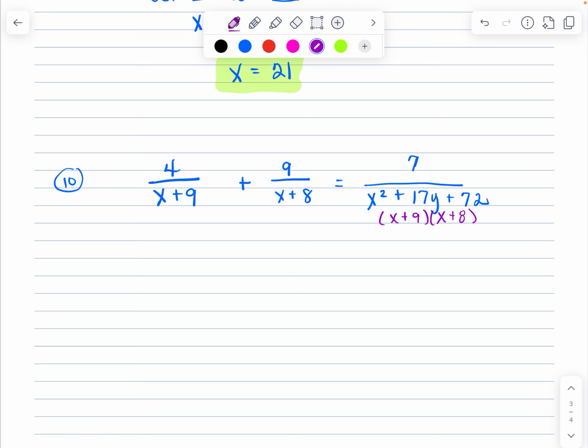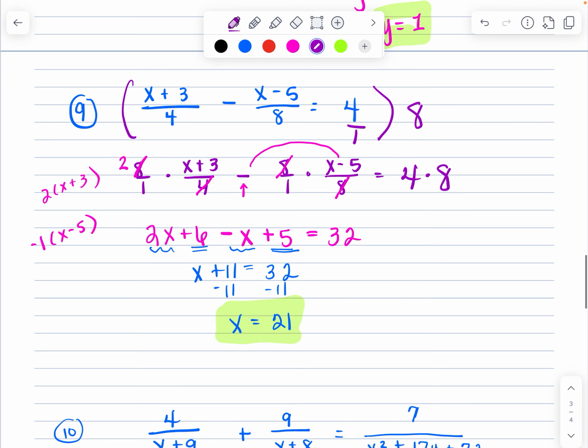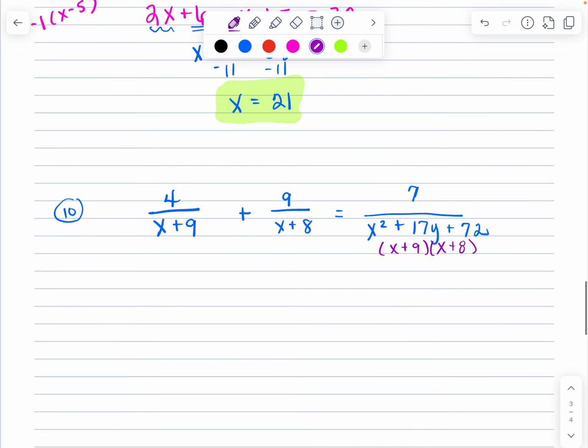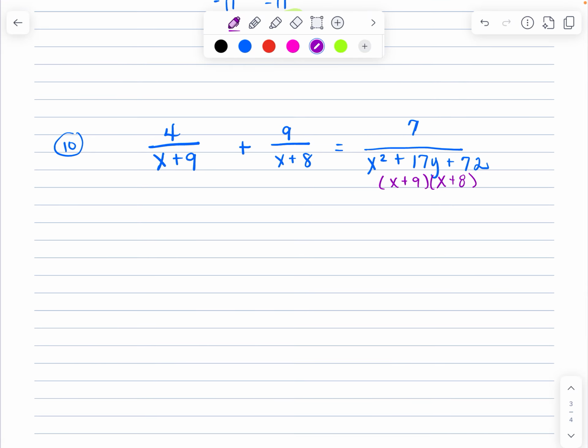Now your two options are, of course, do it just like we did this last problem, right? We can do it just like we did this top problem and multiply everything times x plus 9 times x plus 8. Or we can find the common denominator and add the two on the left and cross multiply. I don't care. I think, if I remember correctly, several of you guys asked me to do the multiply everything times, so I'm going to do it that way.